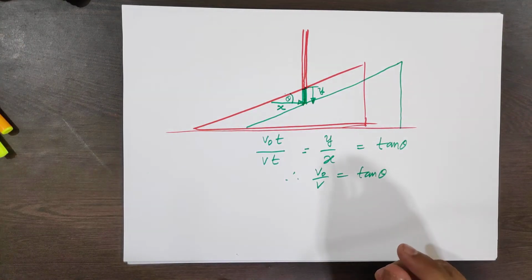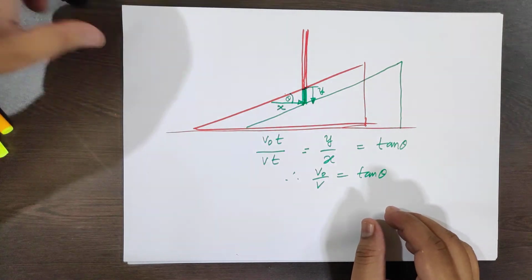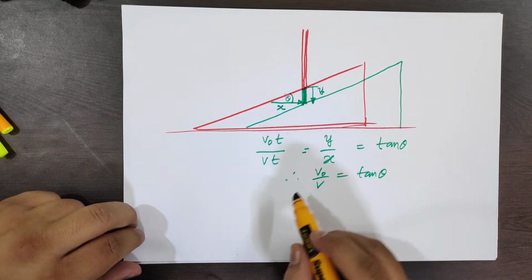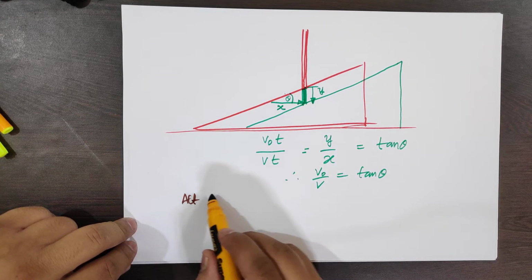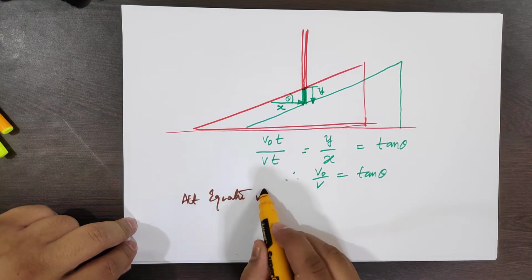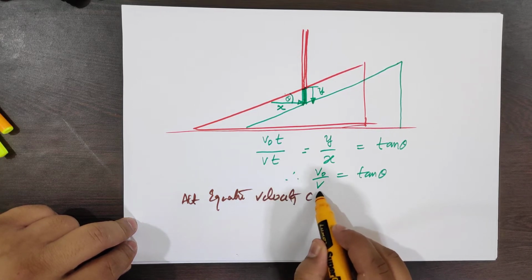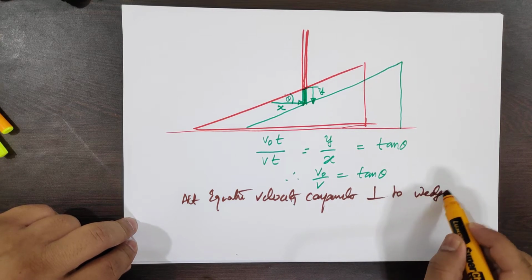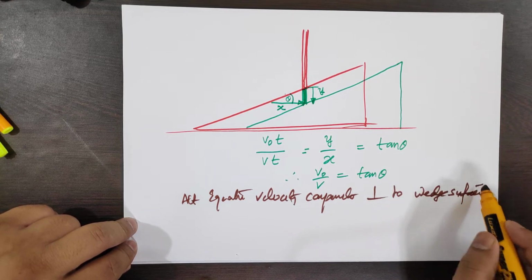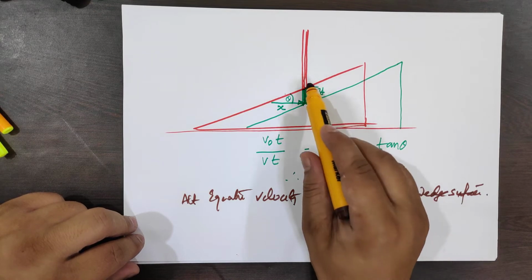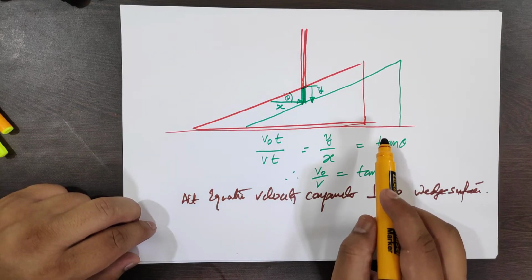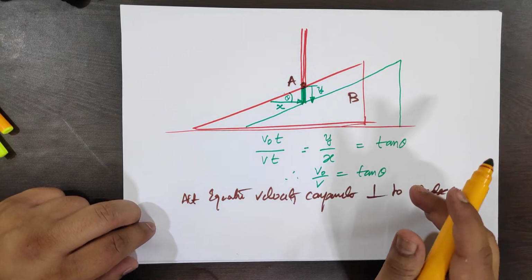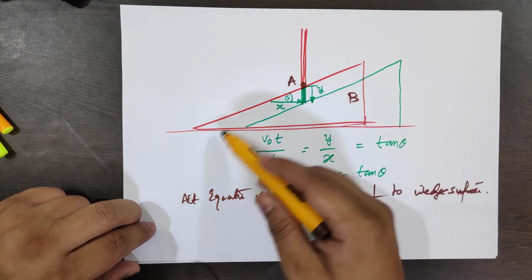So there are various ways to solve this problem, or what you can do, you can equate velocity components perpendicular to the wedge surface. That is enough, because the relative velocity of A with respect to B will be along this direction, parallel to the surface.